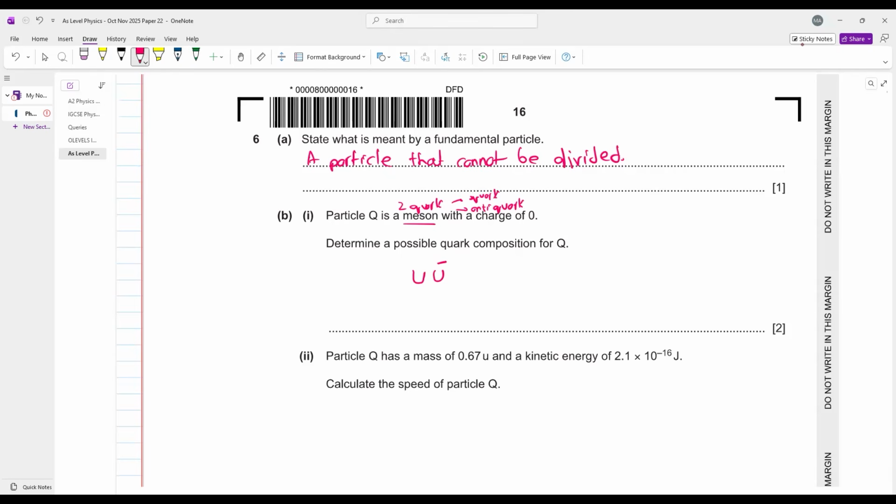Because of this, what will your overall charge be? 0. Why? Because the charge on an up quark is plus 2 over 3e, the charge on an anti-up quark is minus 2 over 3e, total charge 0.